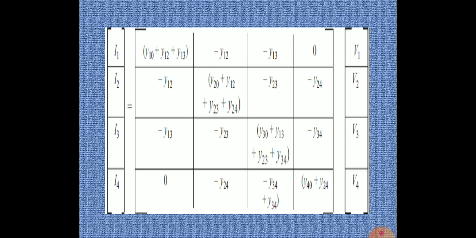And between bus 2 and 4, the mutual admittance value is represented as minus of Y24. Same thing for the third bus: minus of Y13, next minus of Y23, and the total admittance for bus 3 is Y30 plus Y13 plus Y23 plus Y34, and minus of Y34. Same thing for the fourth bus system.